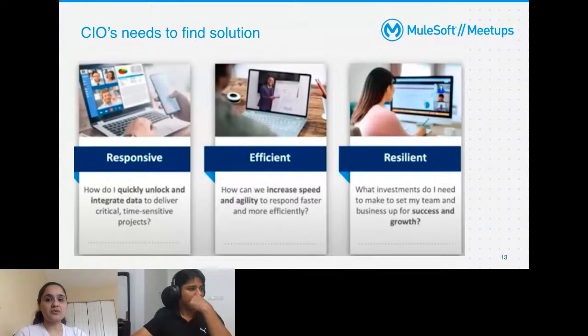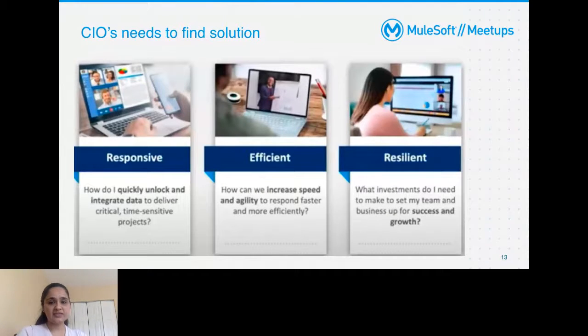They want answers on how quickly they can unlock and integrate data to deliver critical, time-sensitive projects, how they can increase speed and agility, how they can make systems respond faster and more efficiently, how they can remove complexity and make their systems more resilient, and what kind of investment they should make to set the team and the business up for success and growth. This is the biggest challenge for CIOs nowadays, and what solution do they have?